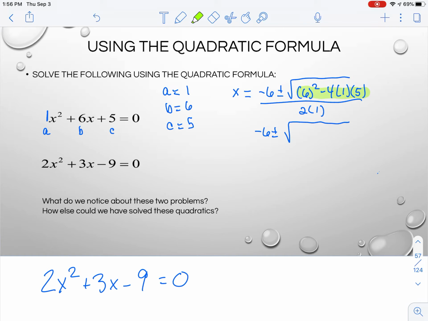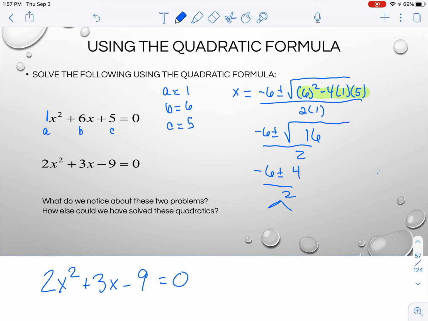When b is negative, people don't type in the negative in parentheses before they square it. I like to jam all that in one shot if you can't do it mentally. So type that in. You should get 16 divided by 2. In this case, the square root of 16 is perfectly 4.